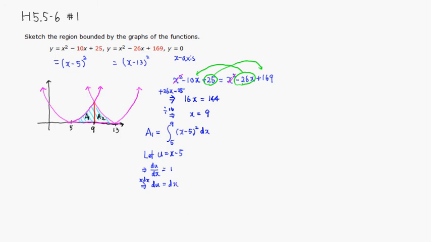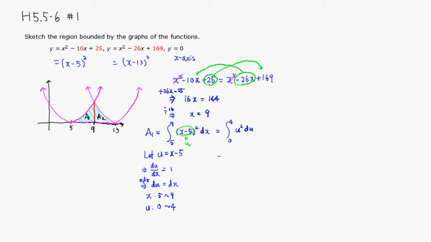Also, x goes from 5 to 9, so u goes from 5 minus 5, which is 0, to 9 minus 5, which is 4. So this is simply the integral from 0 to 4 of u squared du.